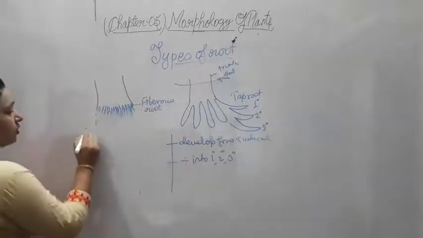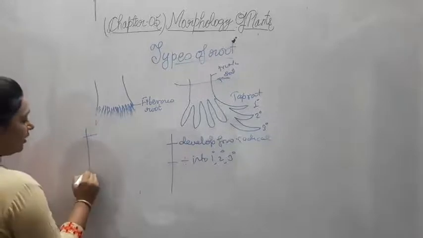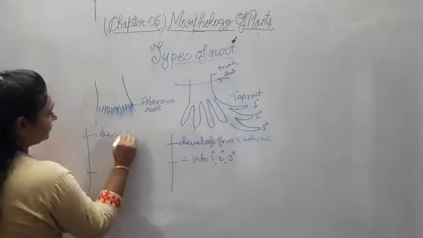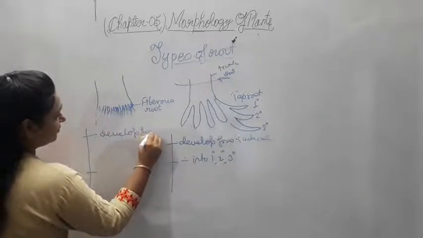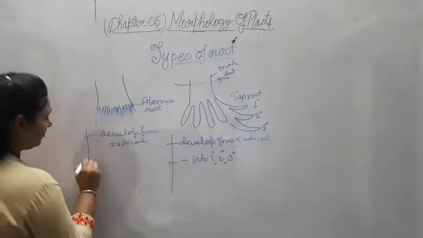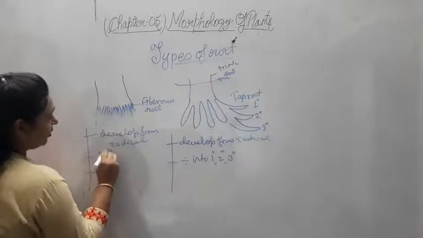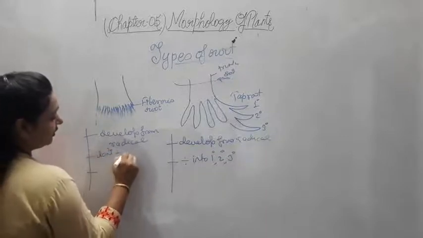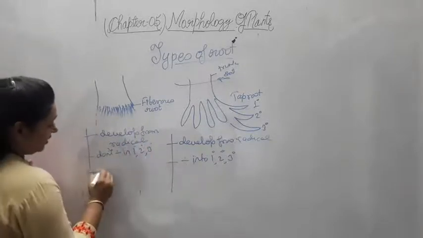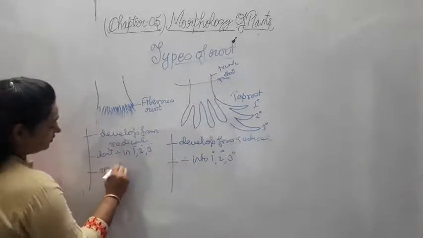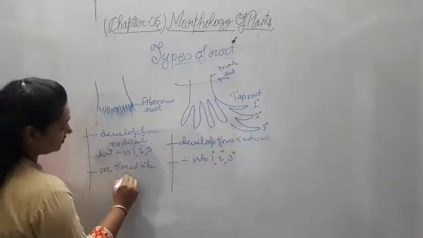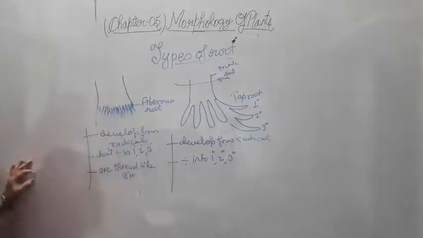Okay, so these fibrous roots again have some features: they develop from radicle, don't divide into primary, secondary and tertiary, and they are thread-like structures. Okay, so keep this in your mind.